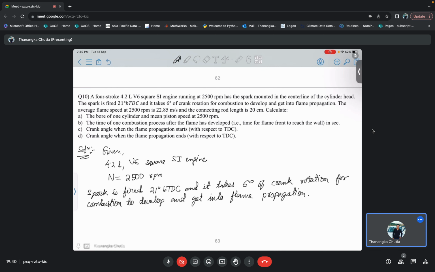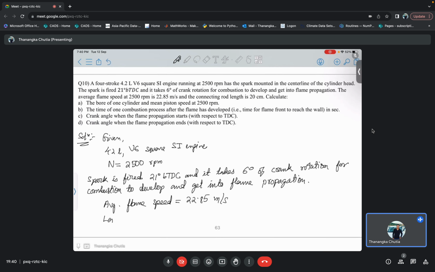Okay, average flame speed is equal to 22.85 meter per second. Length of connecting rod is equal to 20 centimeter.